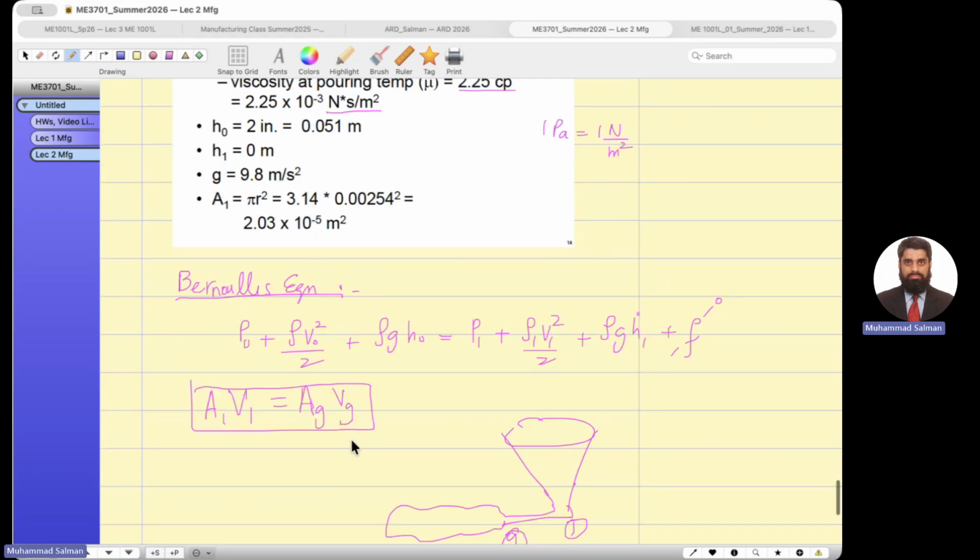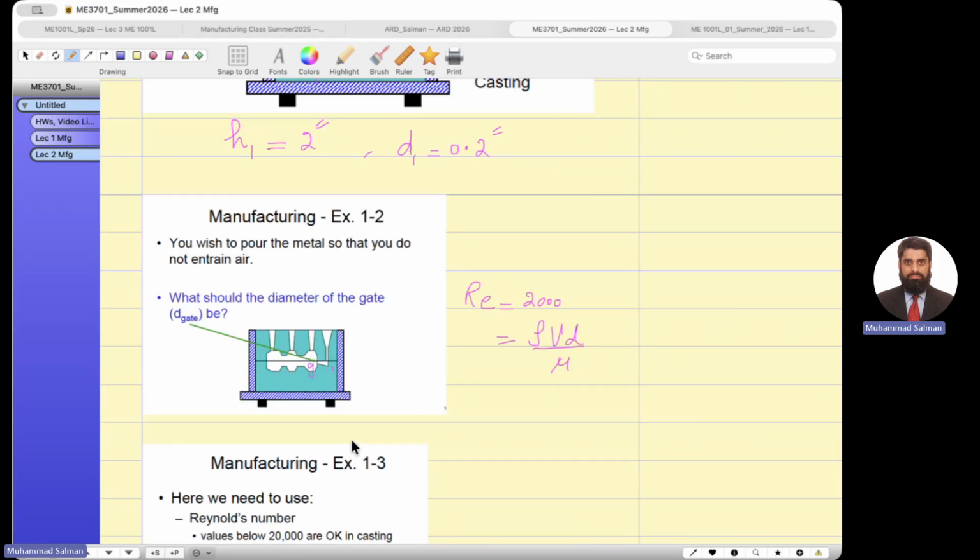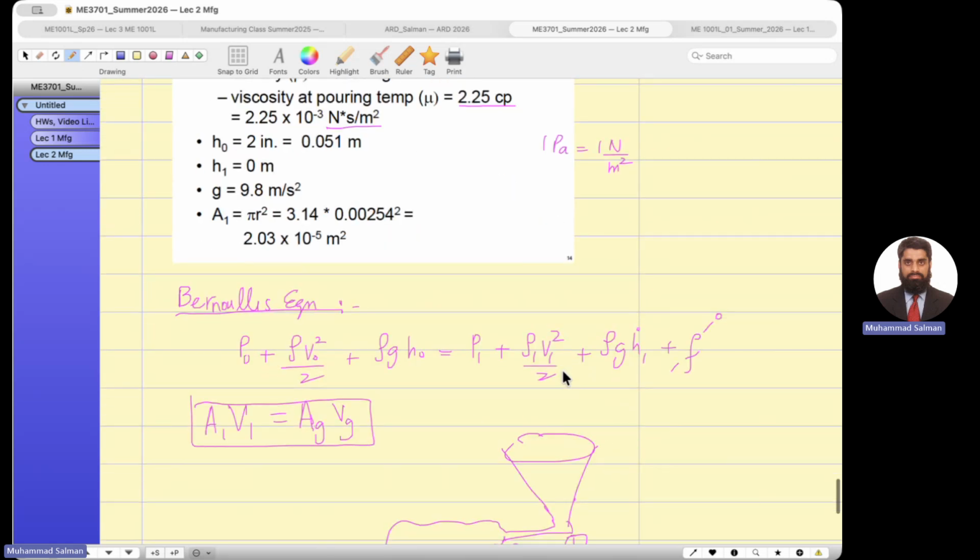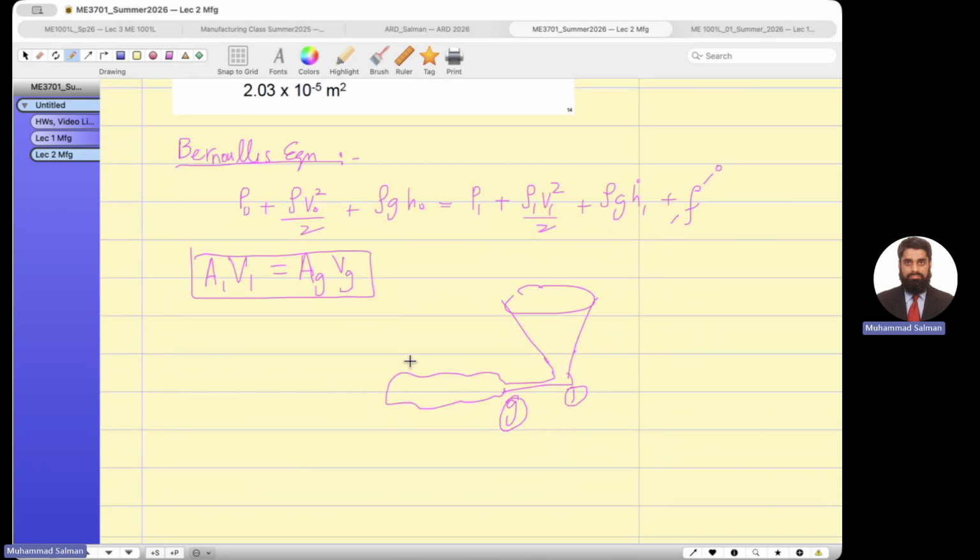We have to find the diameter of the gate, which can be found from the Reynolds number. Once we know the velocity at the bottom of the sprue, we will compare with the continuity equation, and then use the Reynolds equation at the gate, rho V G. Let me rewrite here clearly. Then I will take you over there, but let's do this V1 first.